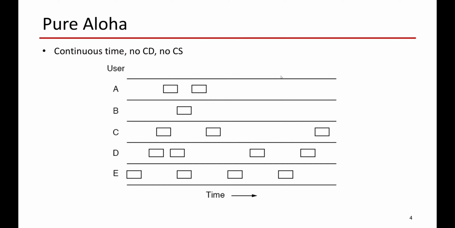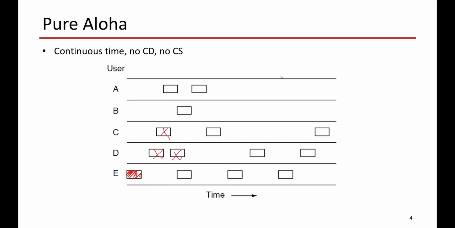Okay, so can you see slide number 4? This is an example of continuous time, no collision detection, no carrier sense. I have 5 users, A, B, C, D, E. Over time, they are speaking their own messages. They don't have carrier sense, so they are very prone to error, and there is no collision detection mechanism, and the time is continuous. Therefore, E's first slot is successful. D's first is not successful because of this collision.